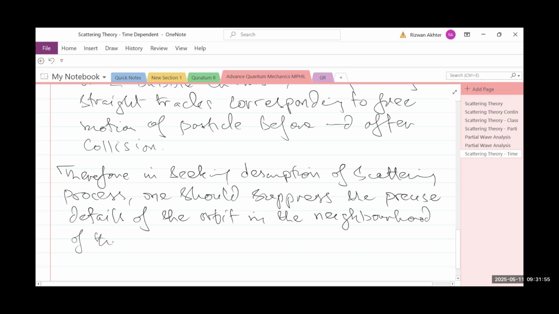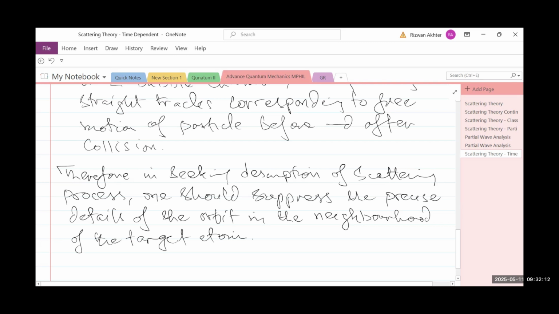This is due to the limited size of the interaction region.